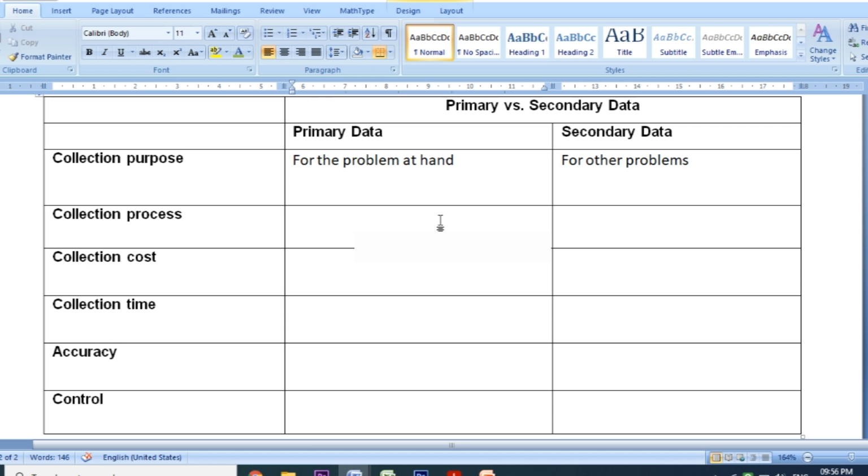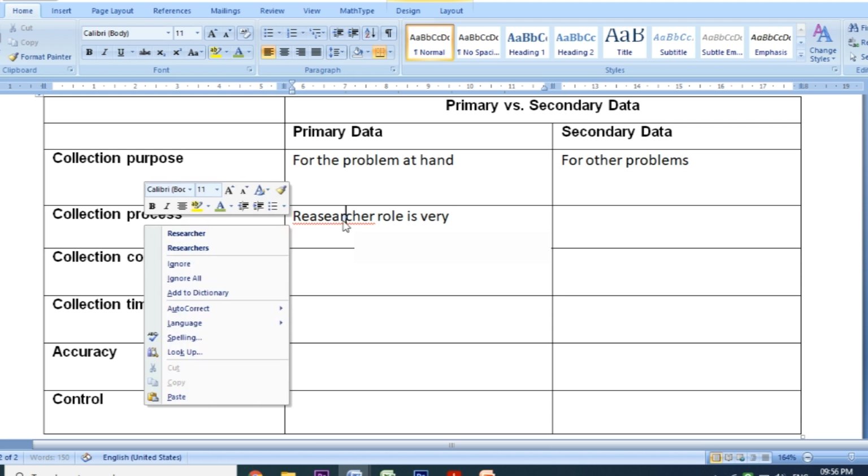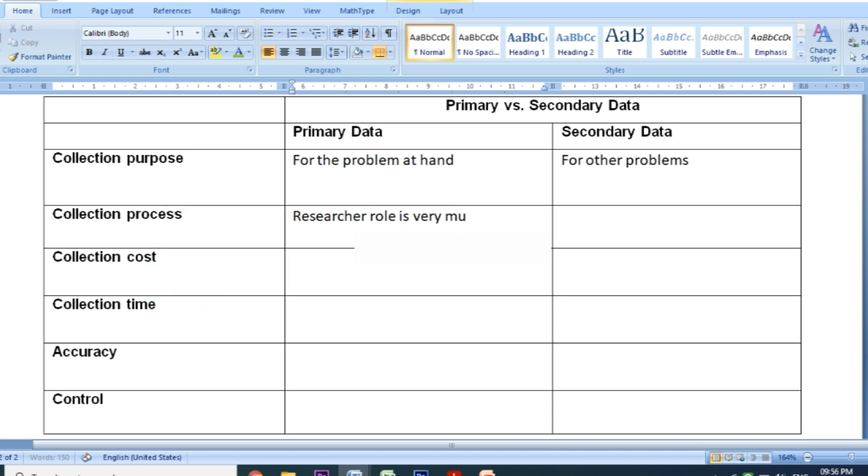The collection process in primary data is one wherein the researcher has a wide role, while in secondary data, the data is collected at a relatively faster pace than the primary.